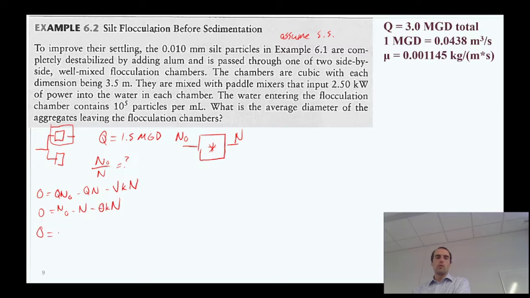So 0 equals N naught over N minus 1 minus theta K. So we can just add this guy to both sides, and then we'll get N naught over N equal to 1 plus theta K. Just like we said a few minutes ago.